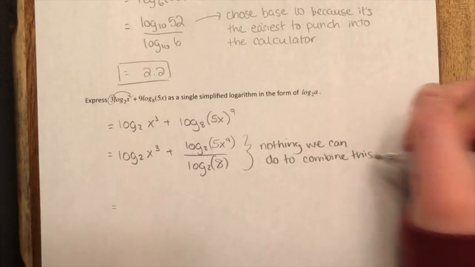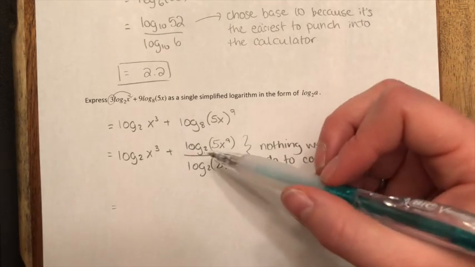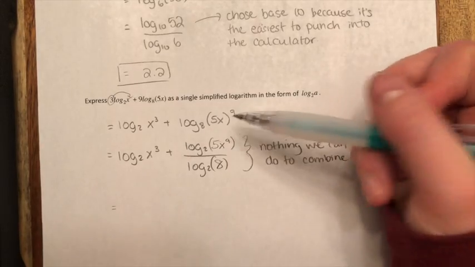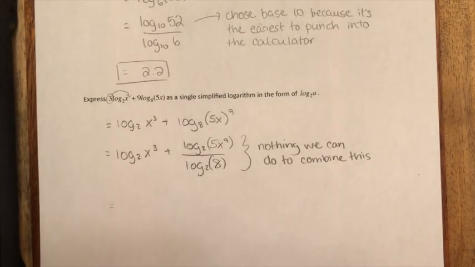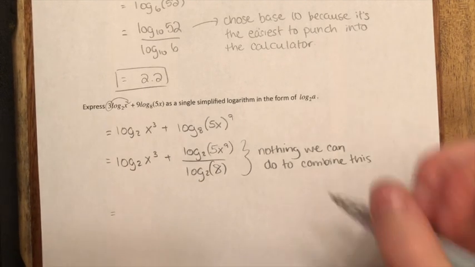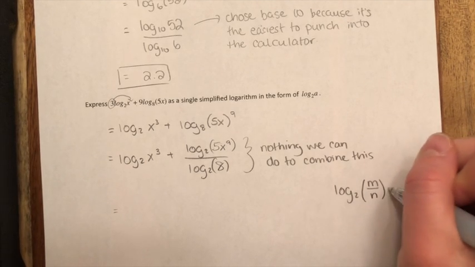In none of our rules is there a part where we say log base 2 of something like this. We could change this back into that, but that's the only thing that we can do with a log divided by another log.